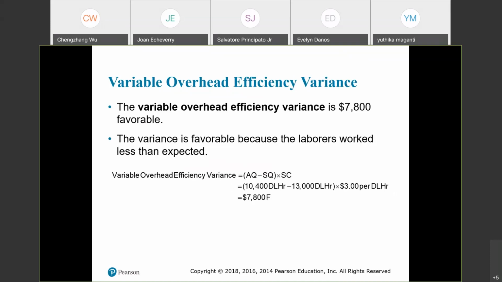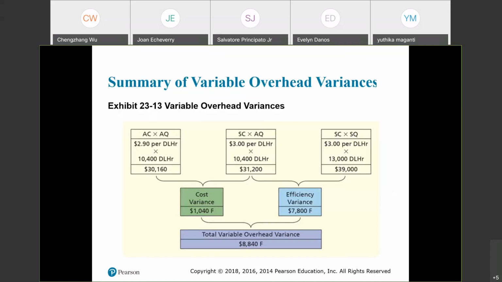The efficiency variance is $7,800, which is favorable. So these two figures added together, we get 8,840.